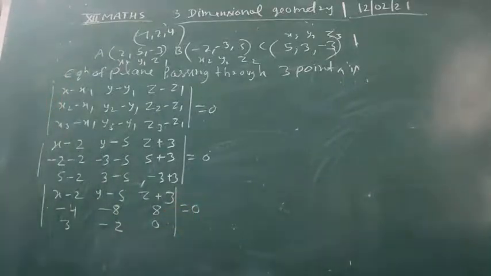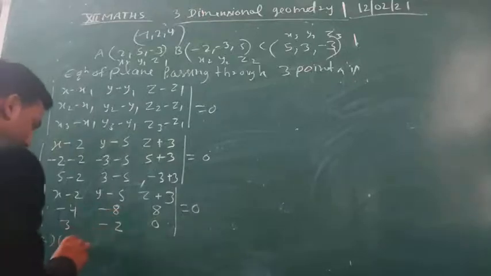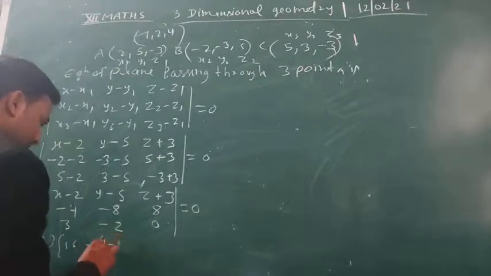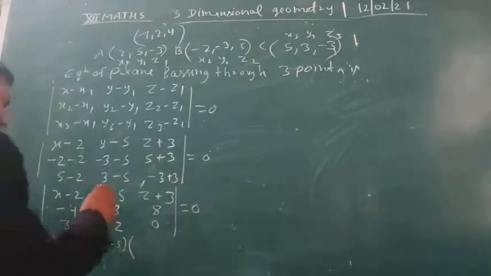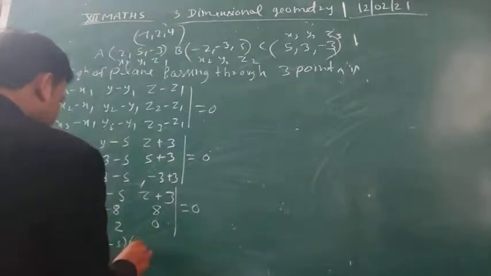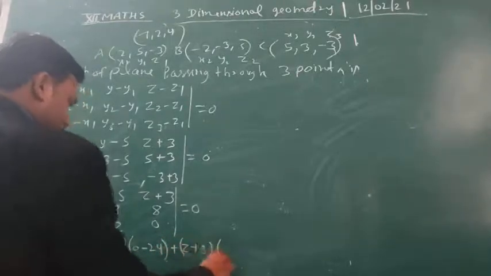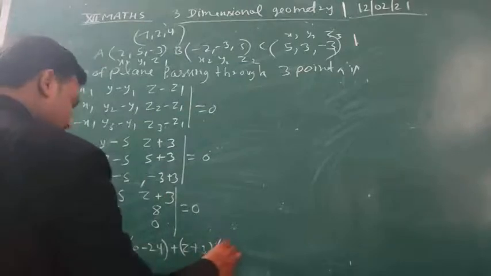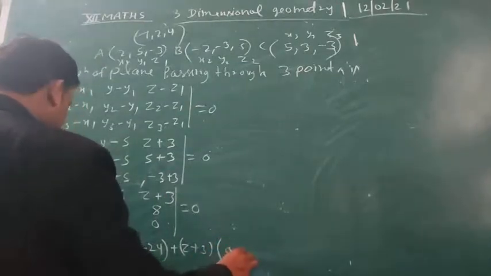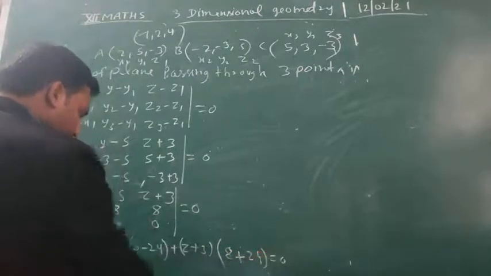Okay, students. So now, when we expand this, we get the equation of the plane. So x minus 2 times (0 plus 16), minus (y minus 5) times (this part is cancelled, 0 minus 24), plus (z plus 3) times (again this part is cancelled, 8 plus 24) is 0.